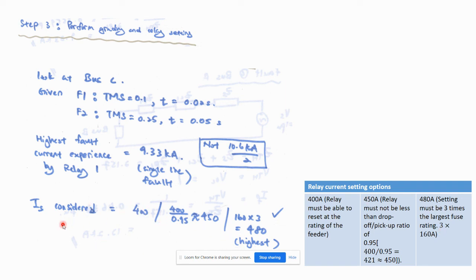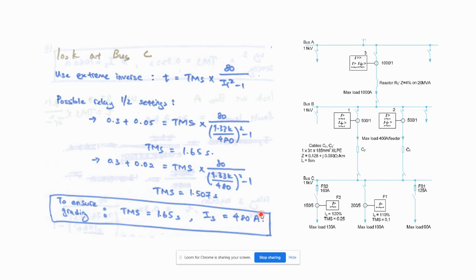So the IS that we can consider over here is either 400, 450, or 480 amp.